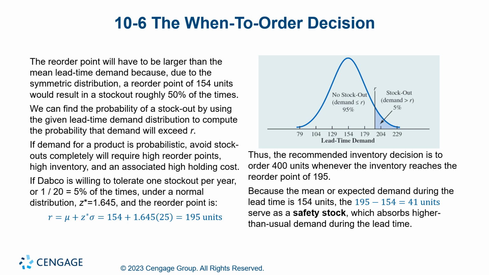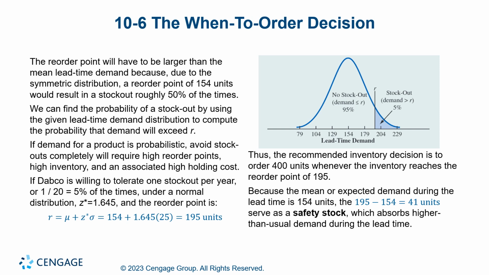So suppose in this case the management is willing to tolerate an average of 1 stockout per year, and because we place 20 orders per year, this decision implies that management is willing to allow demand during the lead time to exceed the reorder point one time out of 20, or 5% of the time. So the reorder point R can be found by using the lead time demand distribution to find the value of R with a 5% chance of having a lead time demand that will exceed this figure.